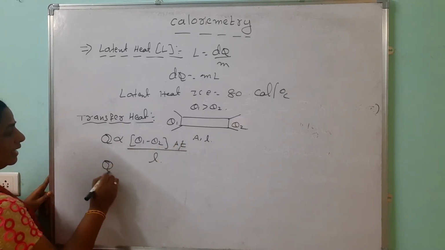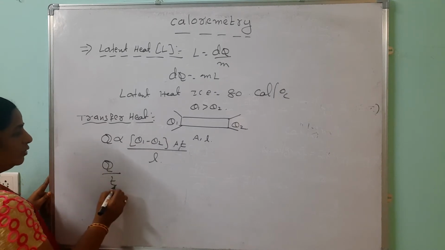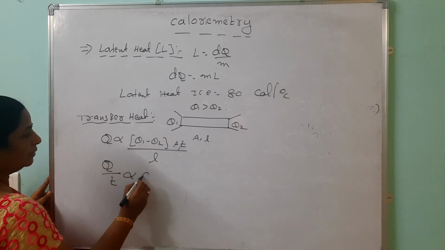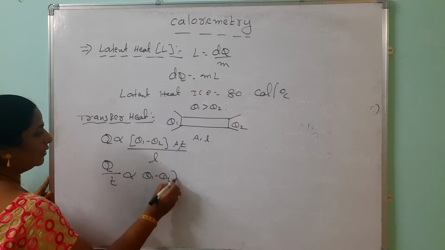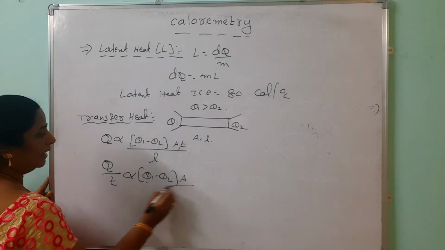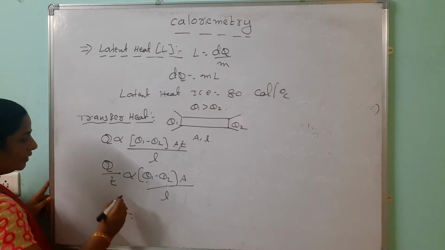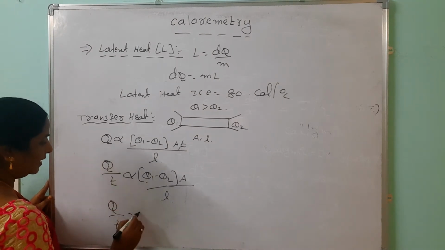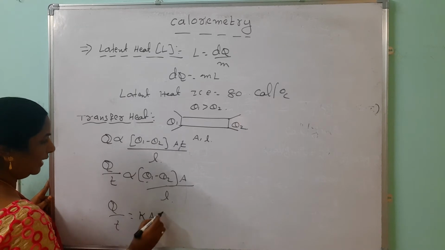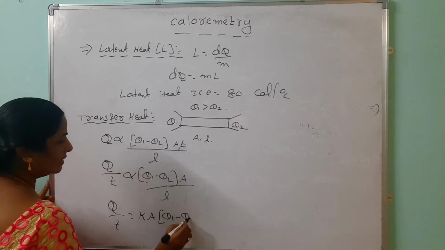From this, when we take Q by T, the rate of flow of heat is directly proportional to (theta1 minus theta2) into A by L. Here we are getting one constant, that is called the temperature coefficient. So it is represented by Q by T equals K into A into (theta1 minus theta2) by L.